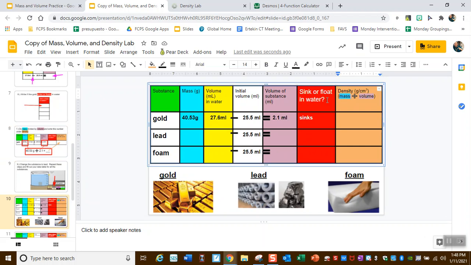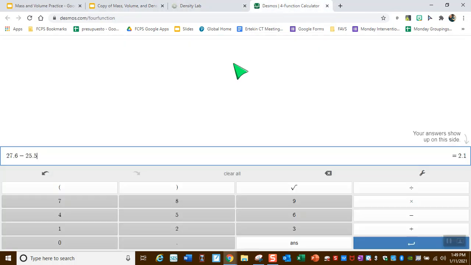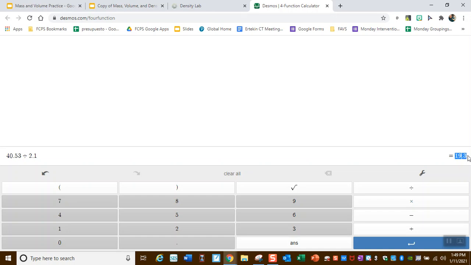Density, you do mass, the blue column, divided by the volume, the purple column, okay? So let's do this. Let's do 40.53 divided by 2.1. So let's clear this. 40.53 divided by 2.1. And we get 19.3.